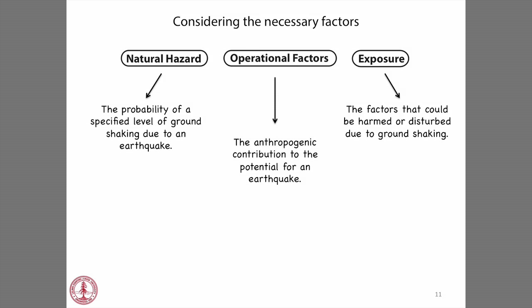So the operational factors are the anthropogenic contribution to earthquake risk. These are things like injection practices, deciding what formation to inject into, as well as other things that I will be discussing later.